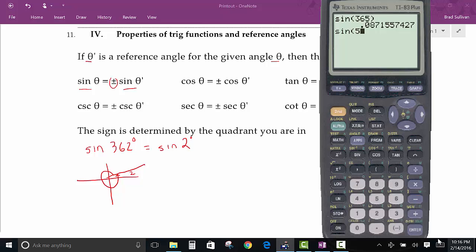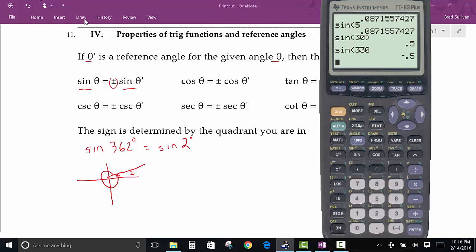If I did the sine of 5 degrees, notice that I get exactly the same answer. Now let's say we do the sine of 30 degrees, and then the sine of 330 degrees. You would end up having a negative answer.